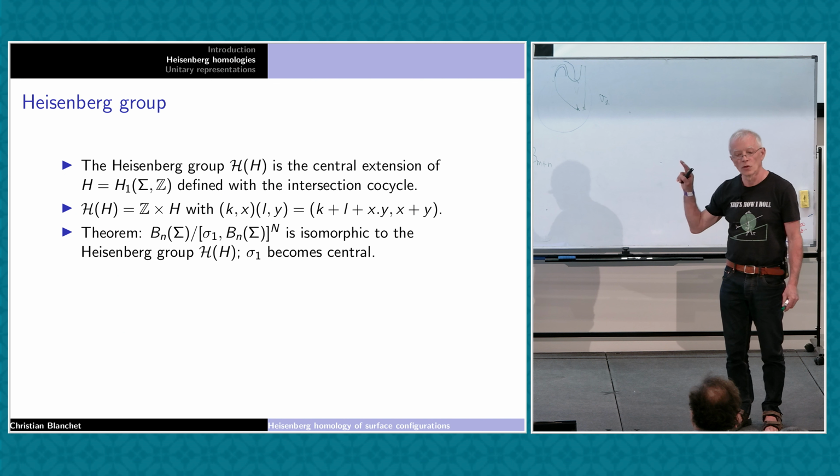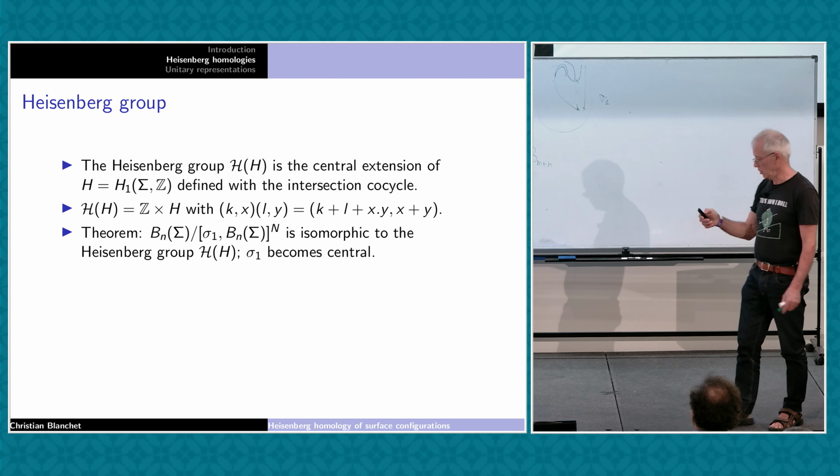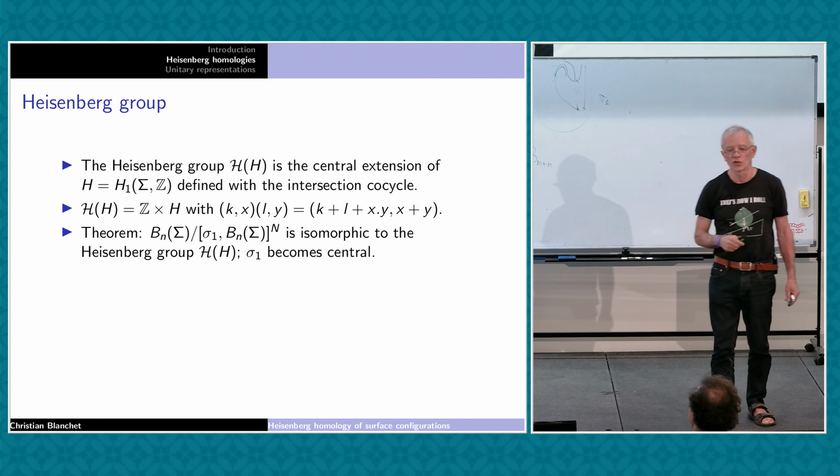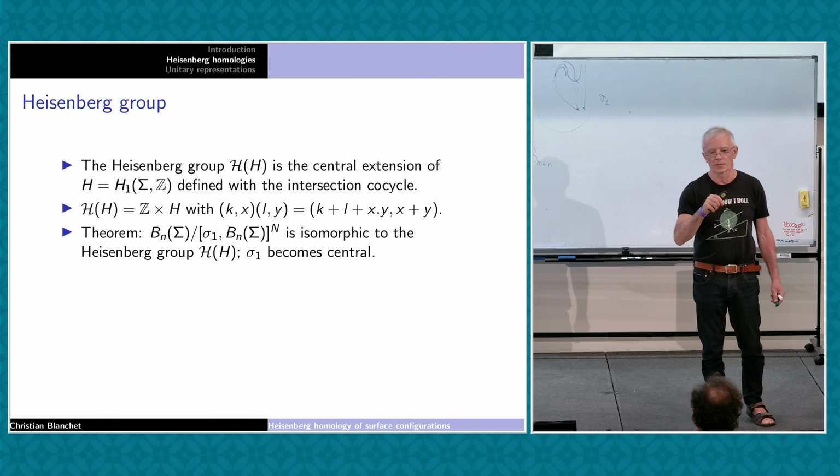You have a q-commutation for this. My quotient is by the normal group generated by all commutators of sigma 1 with anybody. But the idea is just to make sigma 1 central and take the quotient group.